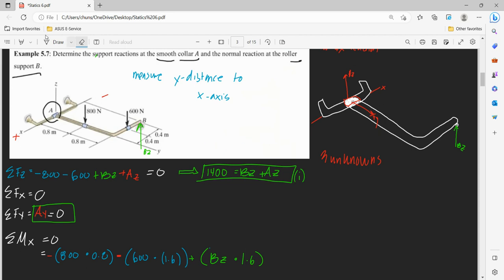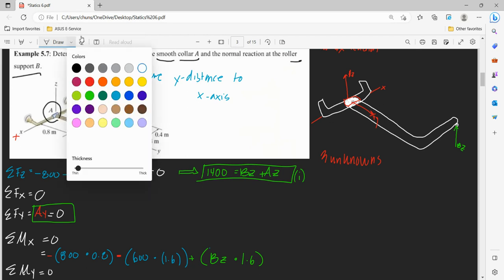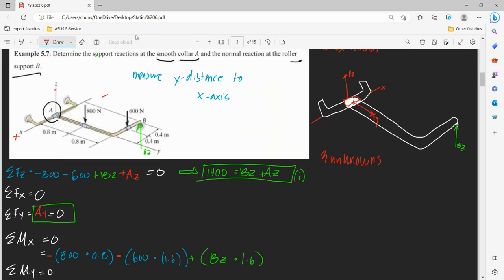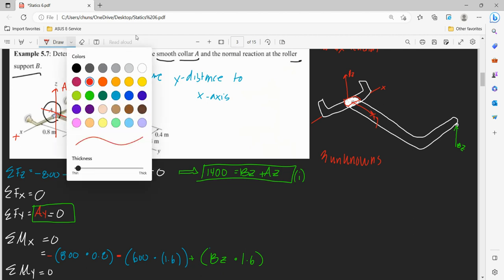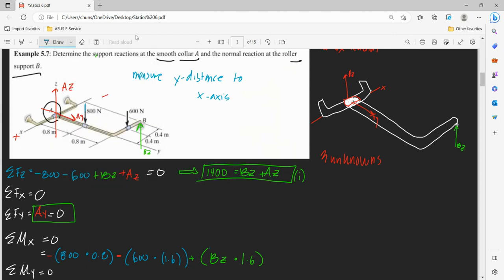Right, so let's do this for our other ones. This is it for mx, now my. So we can use anything that intersects the y-axis. Again, we can't use our az, and definitely not our ay, because they are going through. We can see that 800 also goes through, so that is a no-go. So that means we are left with our 600 and our BZ to use for this one.